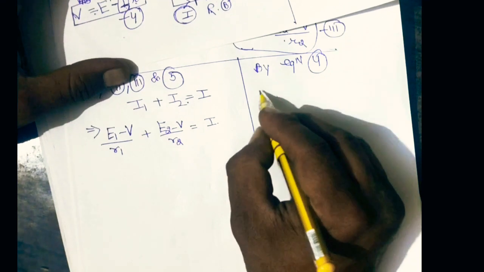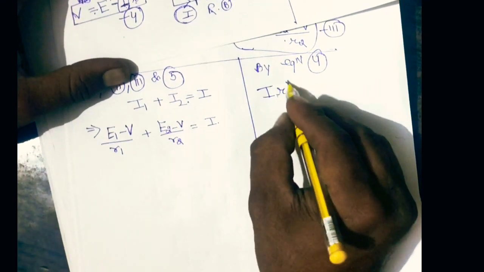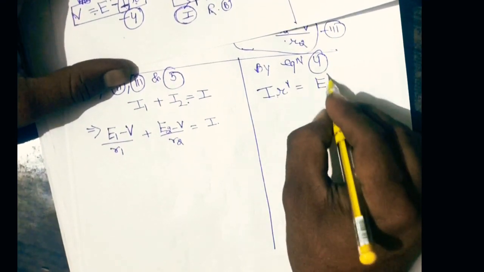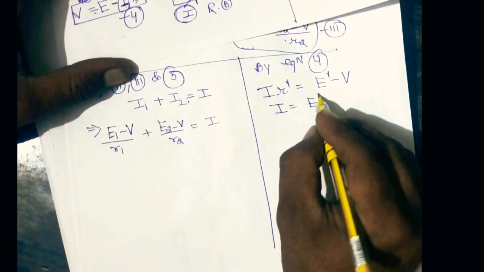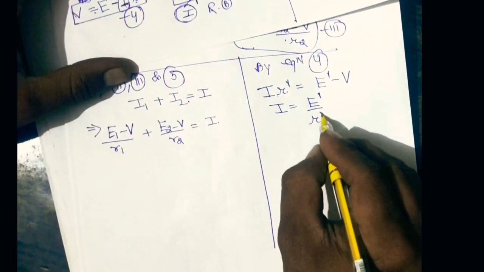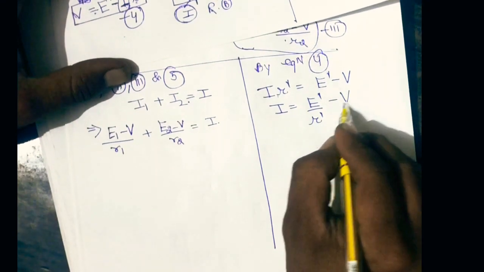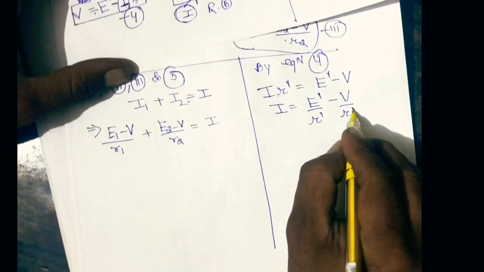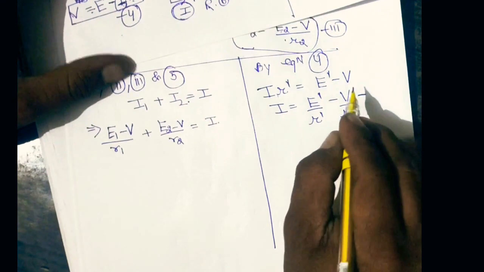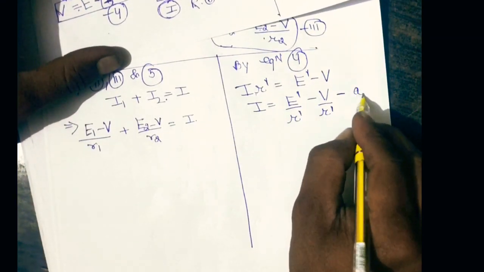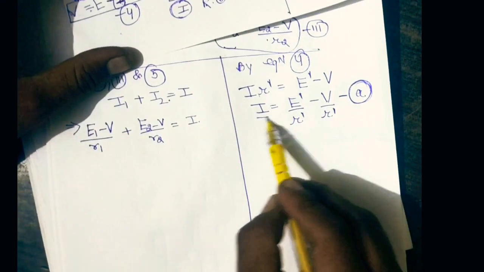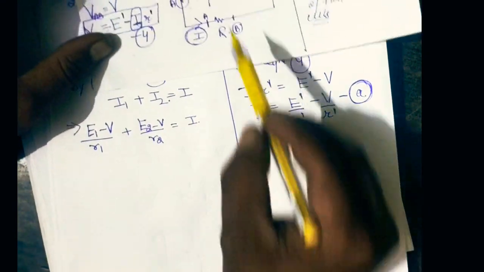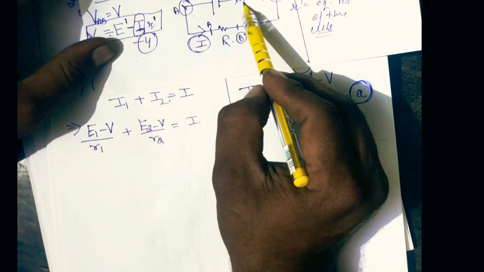I into R dash equals E dash minus V. So I will be equal to E dash upon R dash minus V upon R dash. Let me call this equation A.